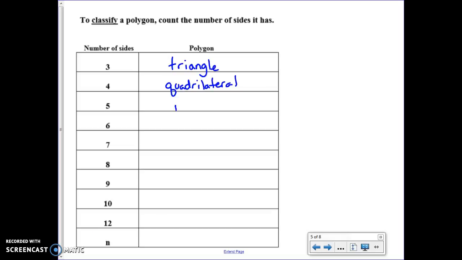Five-sided is a pentagon. Six-sided is a hexagon. Seven-sided may be one that you didn't quite remember. It is a heptagon.